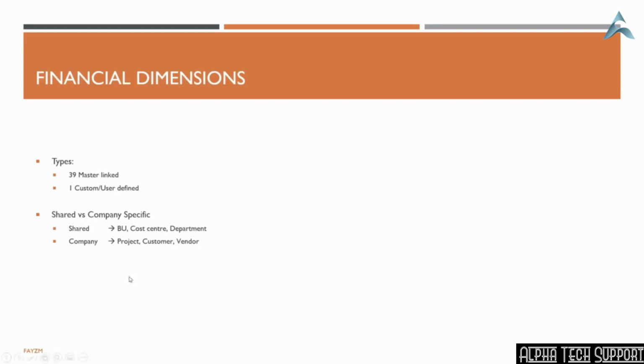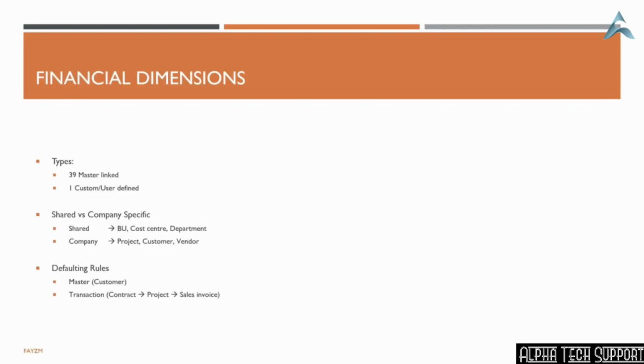Also, in terms of defaulting rules, the financial dimensions that I capture at my master level will default onto the transaction level. This makes it easier for the person who's posting a transaction to not worry about which financial dimension he needs to select.